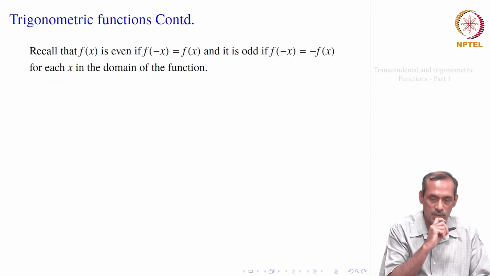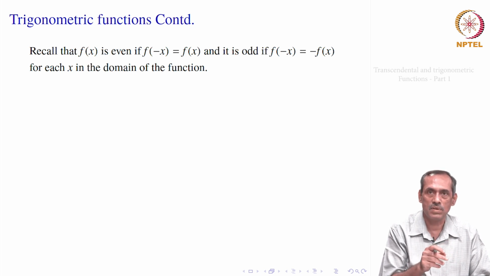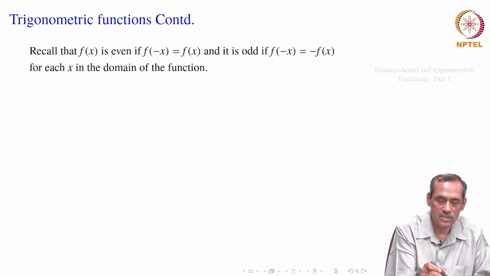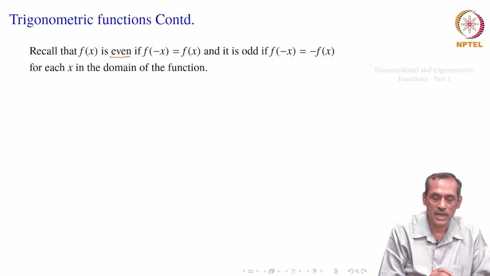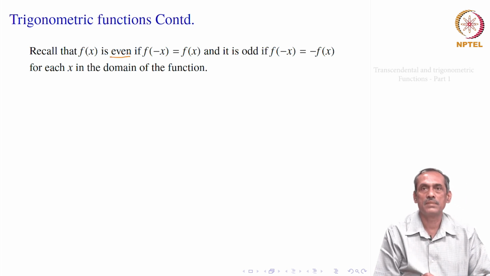Now, let us go to something else that these trigonometric functions give you, where odd and even functions become important. Now, we will say that a function f is even if f of minus x equal to f of x for each x in its domain.